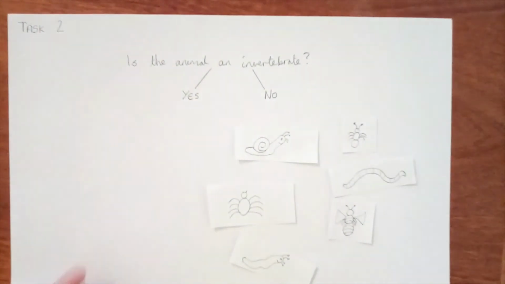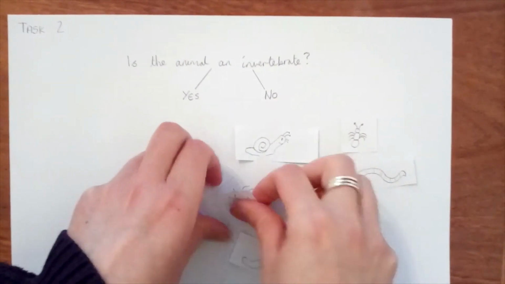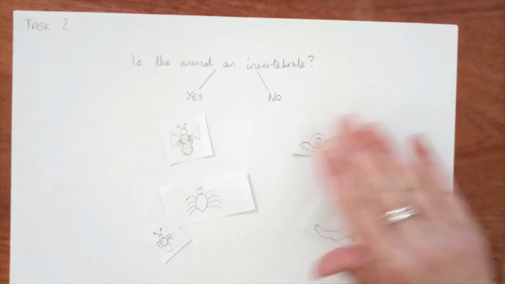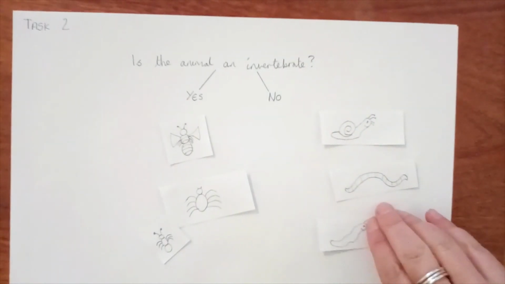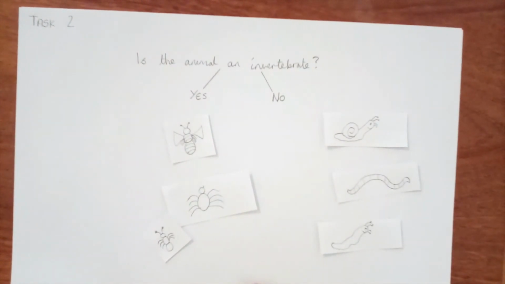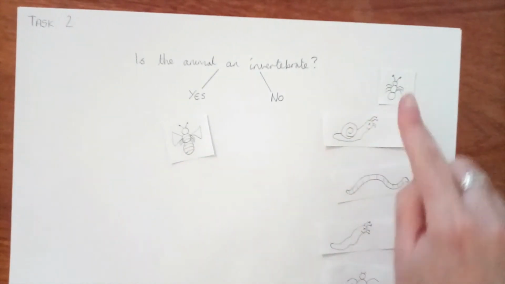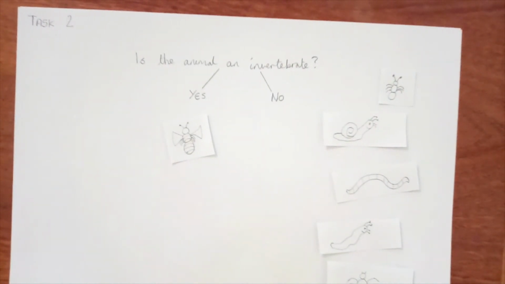Now, I could sort them out into animals with legs. So I've got these three, they're with legs and without legs. I could sort it out into wings and no wings.